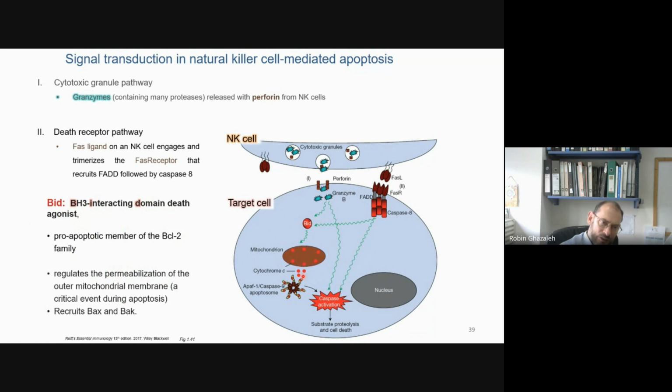Cytochrome C is released. And it turns out that when people first identified that cytochrome C is being released from apoptotic cells, they thought perhaps this is just a side effect of the dying cell. But actually, cytochrome C released from the mitochondria is a major component of mitochondrial-mediated apoptosis.